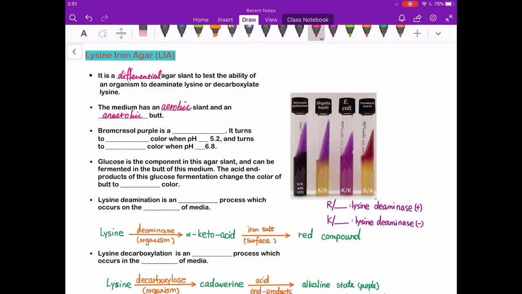Bromocresol purple is a pH indicator. When the pH decreases to 5.2 or even lower than 5.2, the color turns to yellow. However, when the pH increases to 6.8 or even greater than 6.8, the color will become purple.